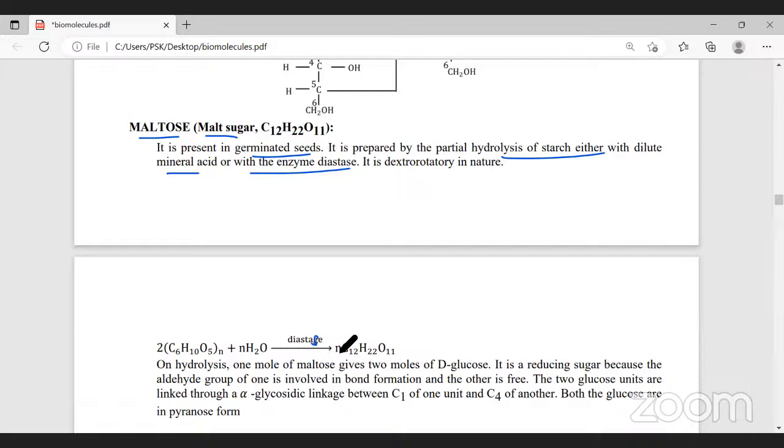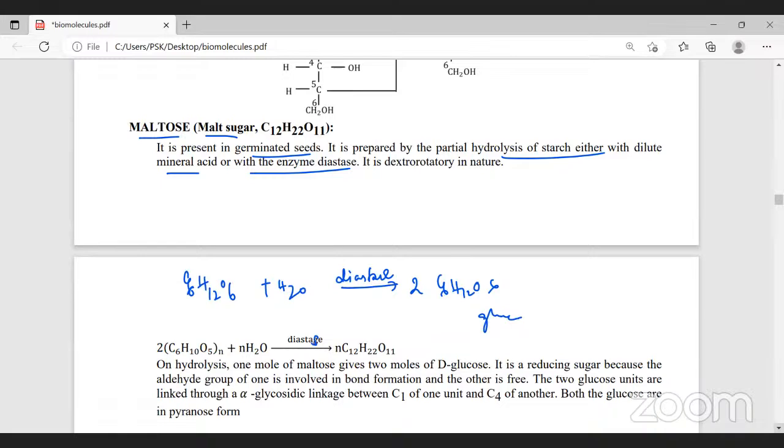We'll write a specific molecular formula of maltose, C12H22O11. This on hydrolysis in the presence of the enzyme diastase or dilute acid, we get 2 units of C6H12O6, 2 units of glucose.